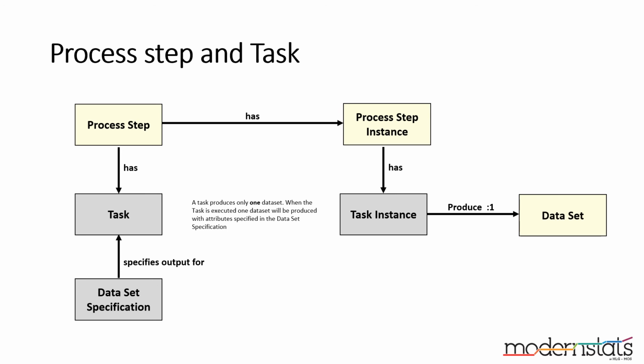That is a rule. So a task is the process step broken down to a unit of work. And since it produces only one dataset, we can also put on a dataset specification where we can add attributes on the dataset that it creates at runtime when a task is executed in a task instance.